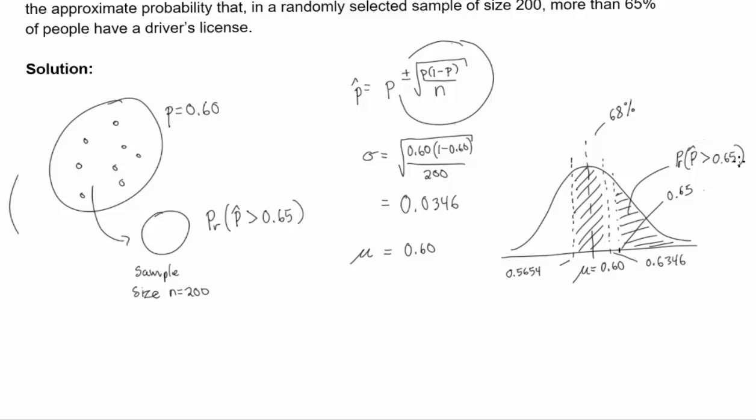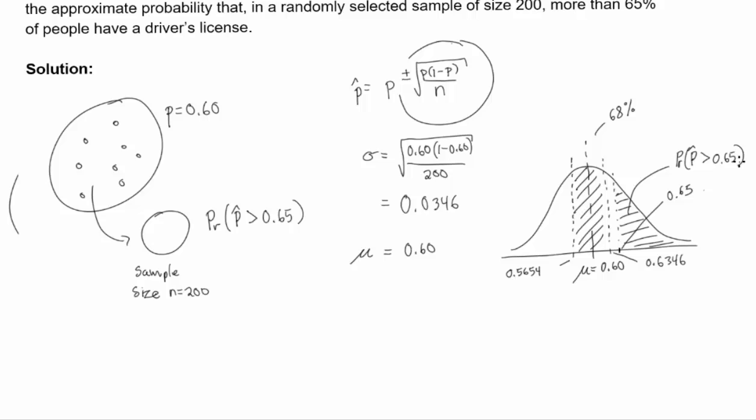Now, to solve this problem using tables, the tables are defined using the area under the normal distribution curve to the left. So what you would have to do is calculate your Z-score. In a graphics calculator, it's much more direct.